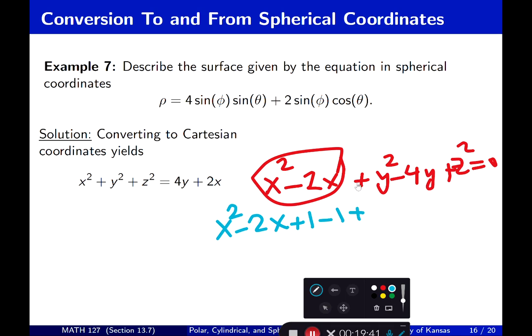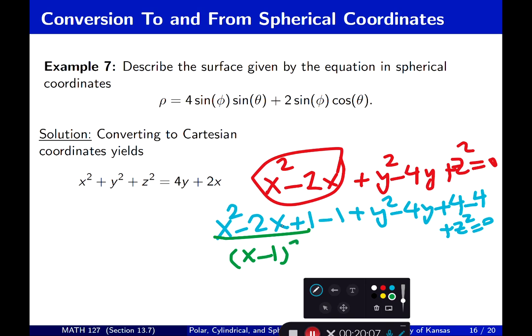Subtracted. y squared minus 4y, half of negative 4 is 2, to the power 2 is 4, minus 4, plus z squared equal to 0. Now this part is just x minus 1 to the power 2, and this part is y minus 2 to the power 2. And then negative 1 and negative 4 can go to the other side to form 5.